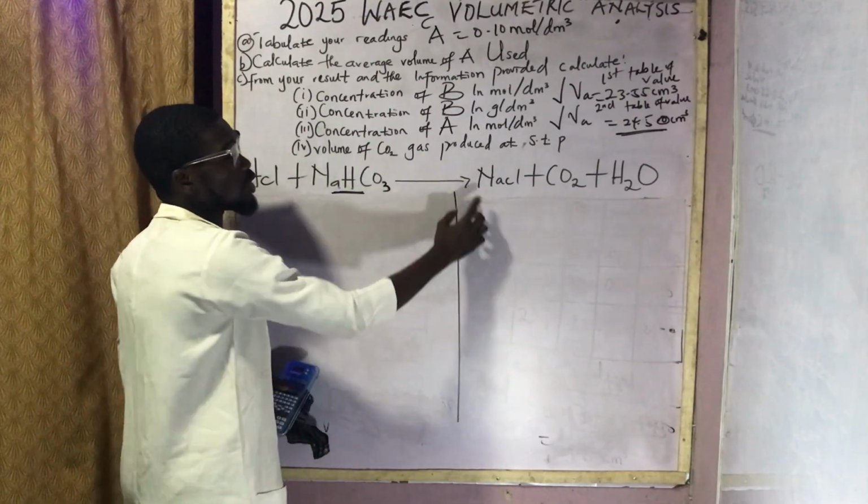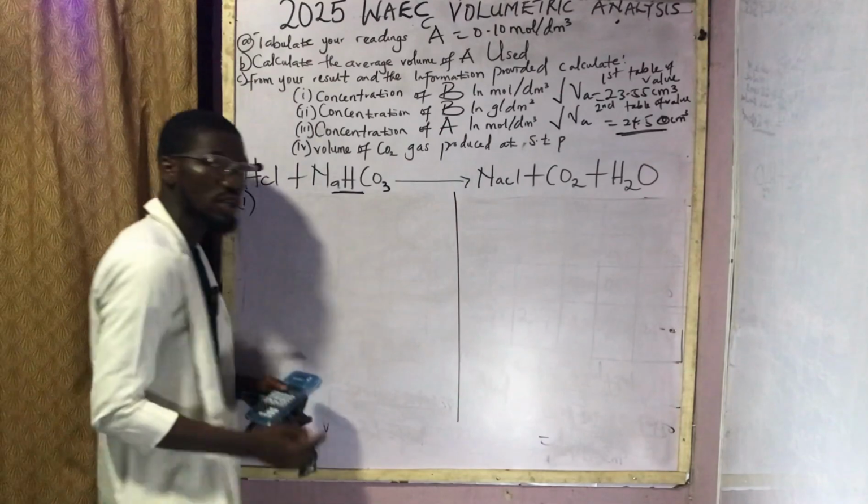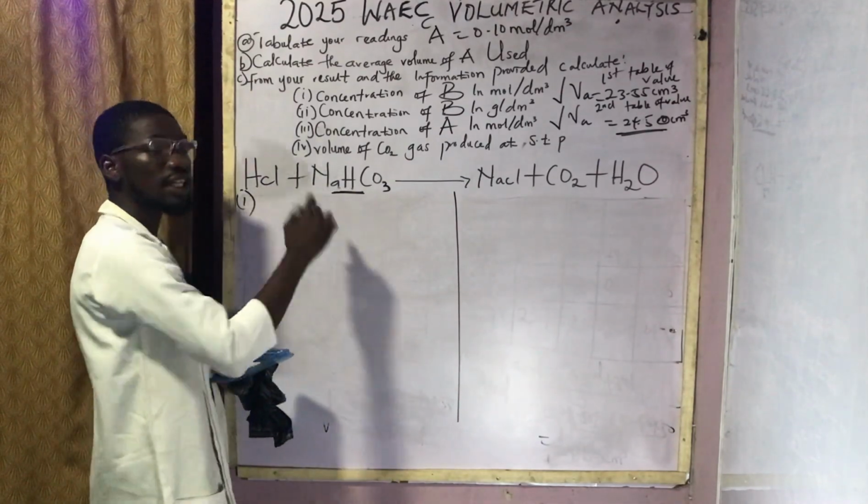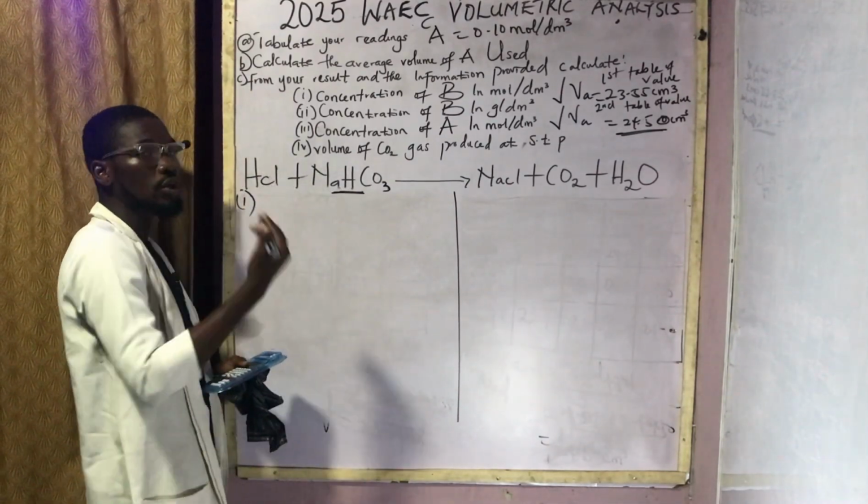This B is a base, while this HCl is hydrochloric acid.